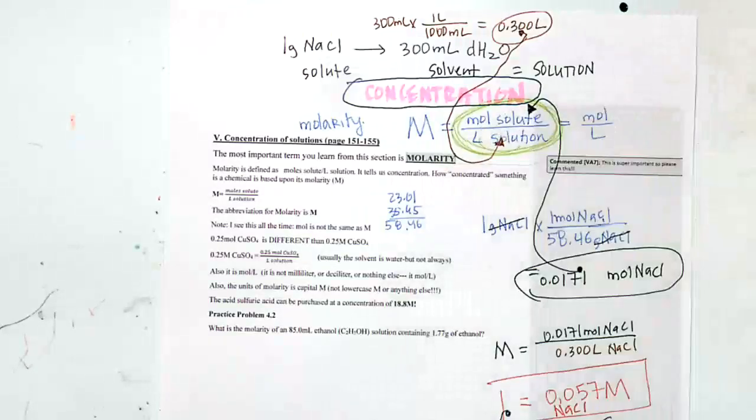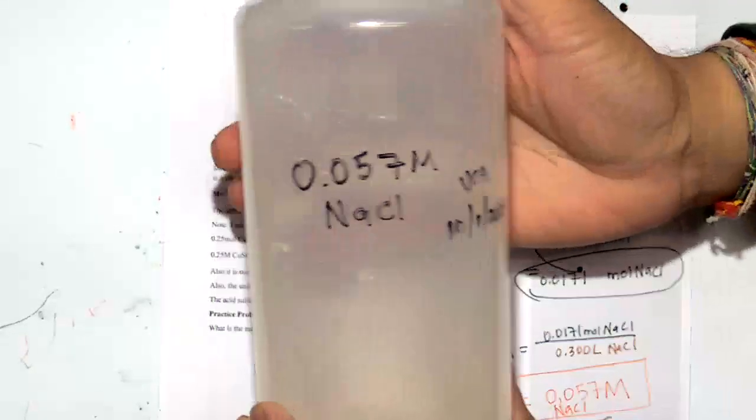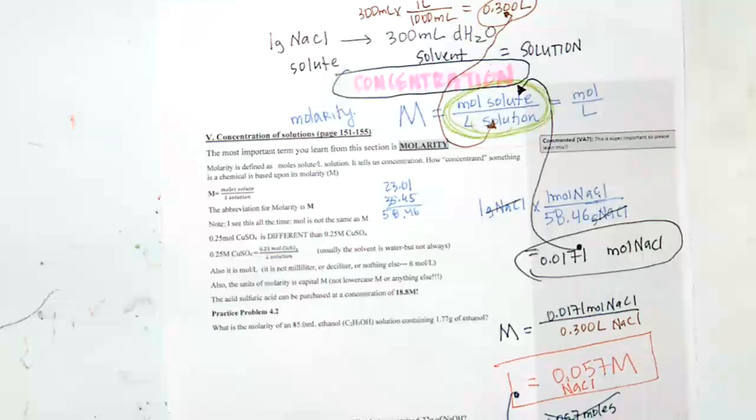If I add more water, will I get more concentrated, or would I get more dilute? You'll get more dilute. If I add water, will my concentration be more than 0.057, or less than 0.057? Less. It will be less than 0.057.